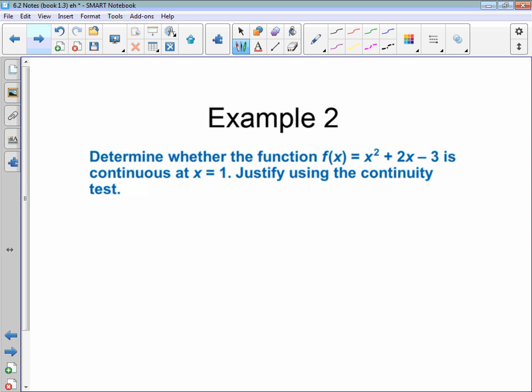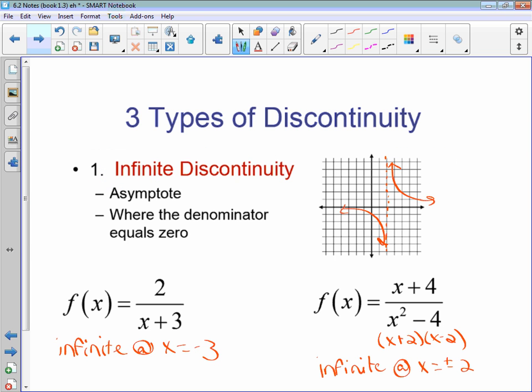Like I would give you, is this function continuous at a specific point? And you'd have to go through the bullet points. And then just like a separate question, I might say, name the type and location of discontinuity. And so you wouldn't have to do the 3-step thing. You could just tell me, okay, it's infinite at x equals 2.